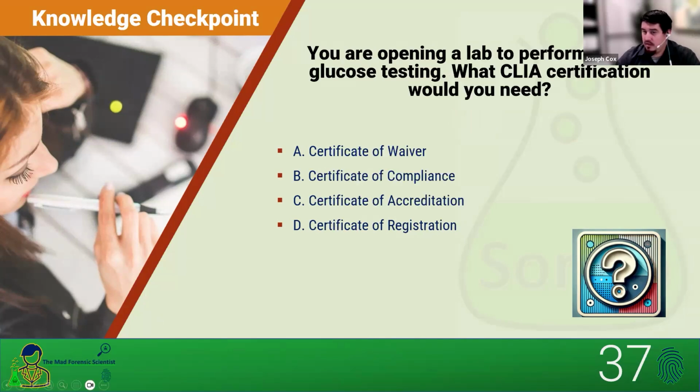All right. You're opening a lab to perform glucose testing. What CLIA certification would you need? So we discussed A, certificate of waiver, B, certificate of compliance, C, certificate of accreditation, or D, certificate of registration.